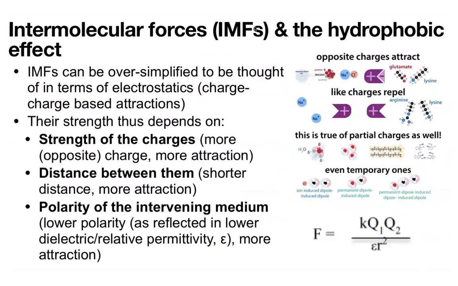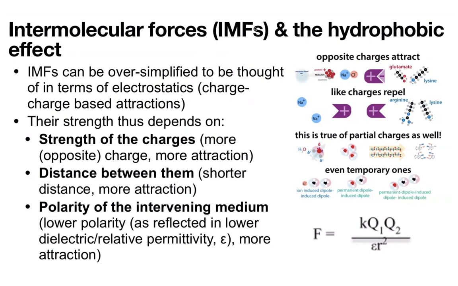So let's talk about those interactions. Remember that we can simplify things down and think of all these intermolecular forces as coming down to electrostatics, to charge-based attractions. We can talk about full charge attractions, in which case we're talking about ionic bonds, which we can call salt bridges, or we could be talking about partial charge attractions.